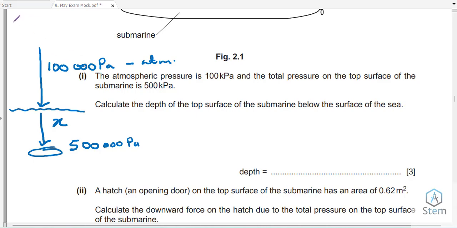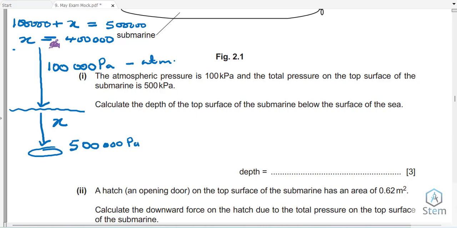So if we say 100,000 plus X, we get a pressure of 500,000. So X is 400,000. The pressure due to the water alone is 400,000.